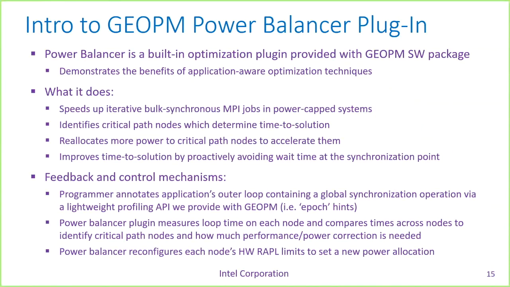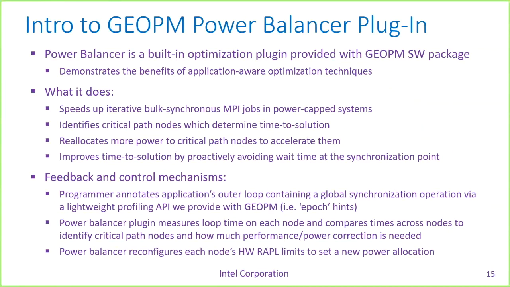And then our Power Balancer plugin measures the time between executions of an API call to measure how much time each node is taking to complete that loop. The plugin then compares the loop times across nodes to identify which nodes are going to be on the critical path and even get a sense of how far off the different nodes are, so we know how much power correction is needed.